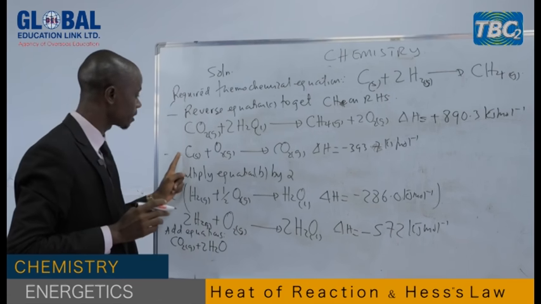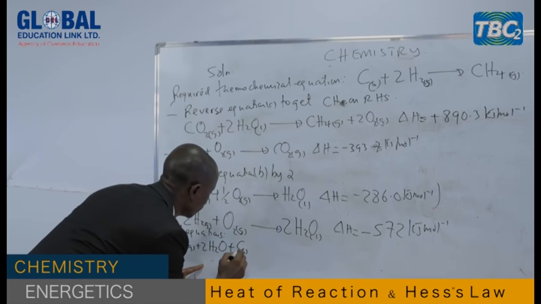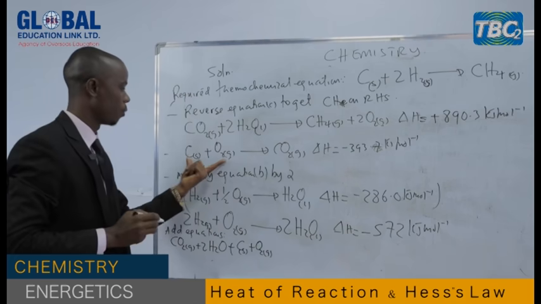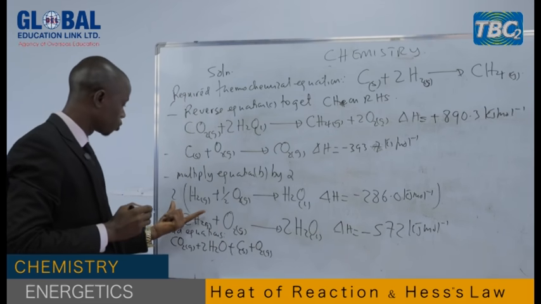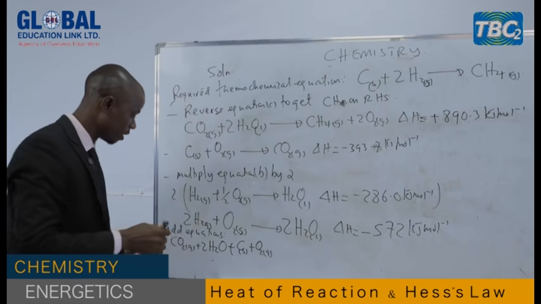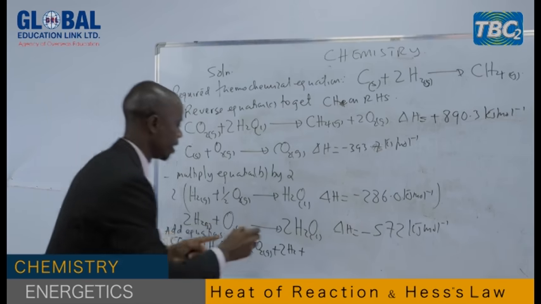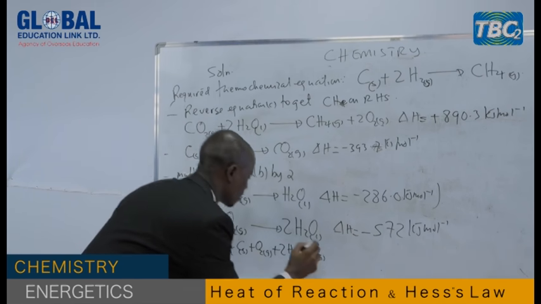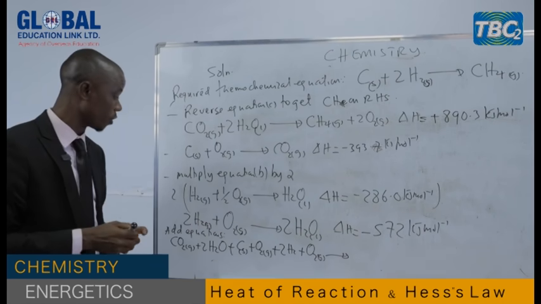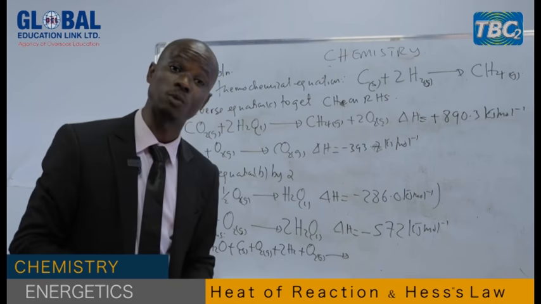Now we go to the reactants for the second equation. This is carbon solid plus oxygen gas. We go to the third one, hydrogen. We have 2 hydrogen gas and oxygen gas. So we have completed all the reactants for the 3 manipulated equations.